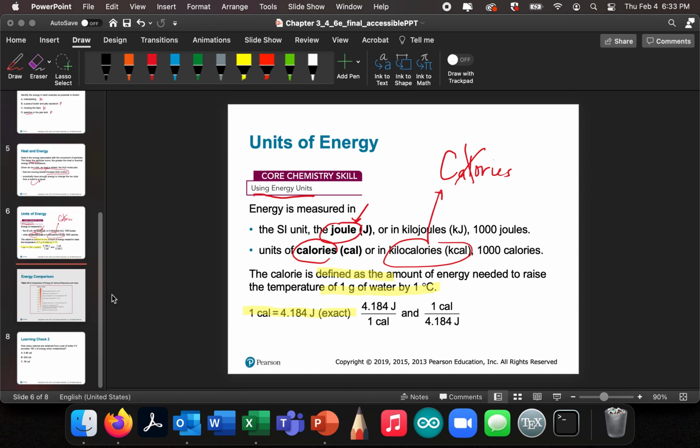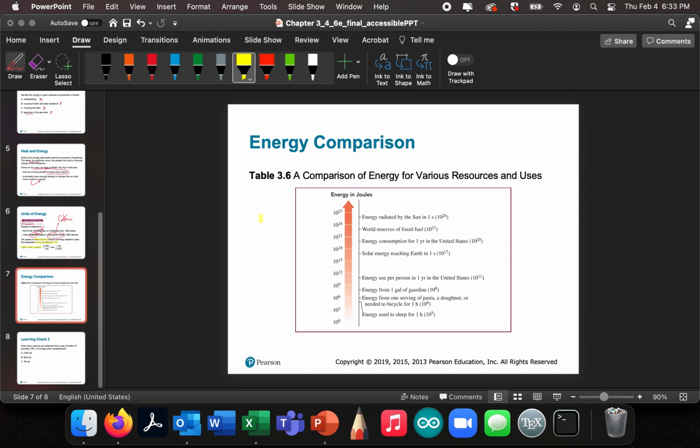Okay, so let's do a little comparison here. The energy radiated by the sun in 1 second is about 10 to the 26 joules. That's a lot, right? You can imagine by far most of that doesn't even get to the Earth, and we still have a lot of solar energy when it gets here. Amazing, really.